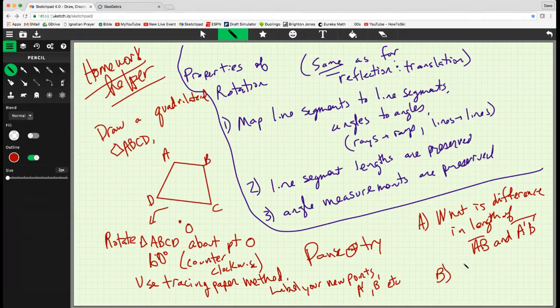And then B, what is the difference in measure of angle ABC and angle A prime, B prime, C prime?